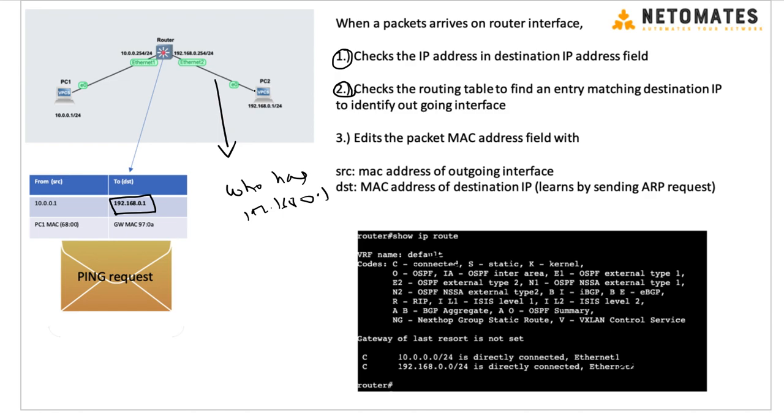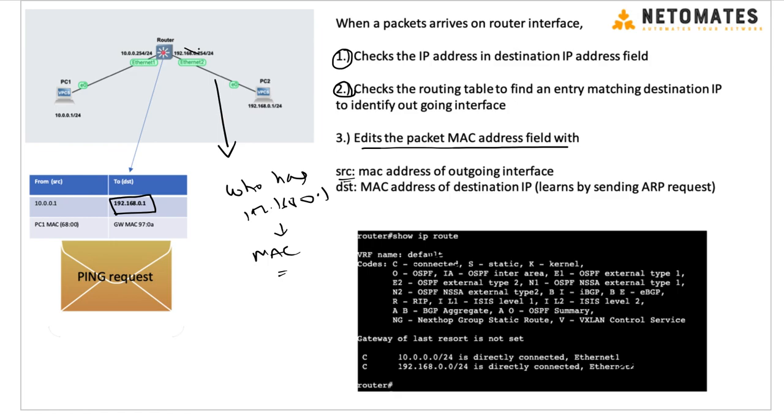PC2 will reply back with its MAC address. Okay, then the router will edit the packet's MAC address fields. Now the packet is leaving this network and going to a different network. So when it is leaving from the router, it will change the source MAC address to its outgoing interface.